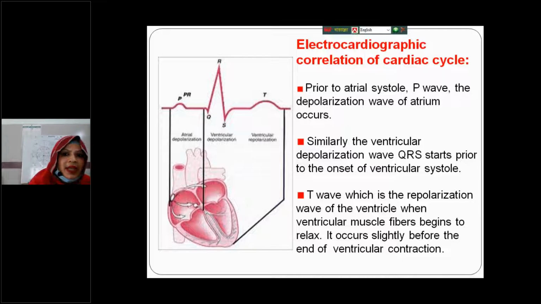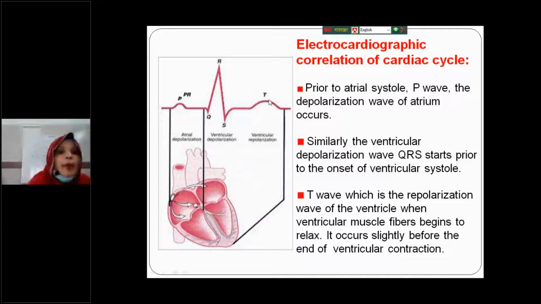Similarly, the ventricular depolarization wave, that is the QRS complex, occurs prior to the onset of the ventricular systole. P wave occurs prior to the atrial systole. QRS complex occurs prior to the onset of the ventricular systole.